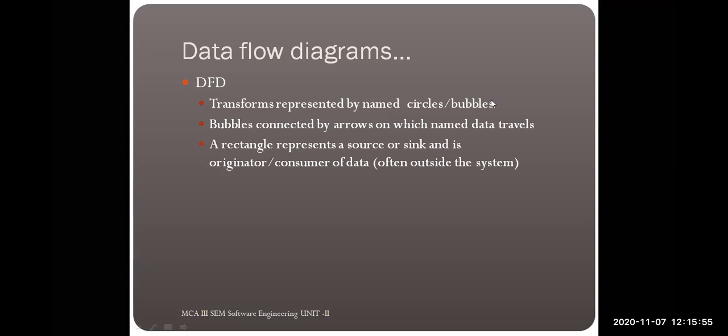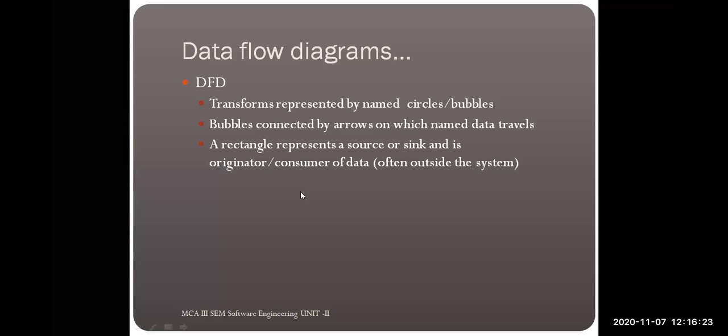So transforms are called processes, and they are represented by circles or bubbles. And the bubbles are connected by arrows on which named data will be traveling. It means an arrow represents data flowing into the transforms or out of the transforms.